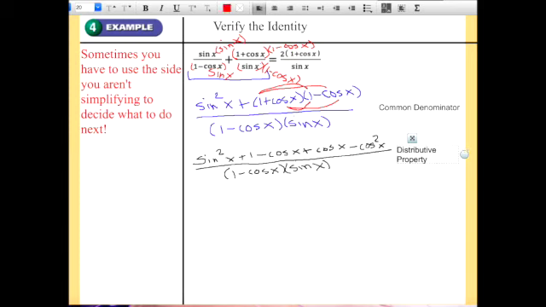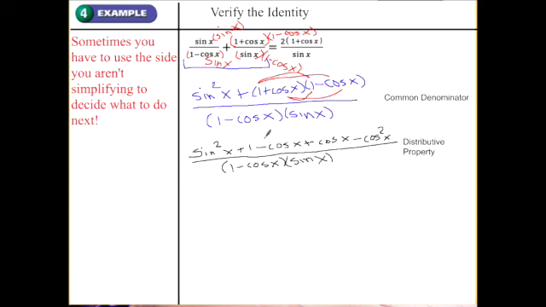Alrighty, well, let's go ahead and simplify. I know that cosine minus cosine is 0. So this is going to leave me with sine squared plus 1 minus cosine squared.